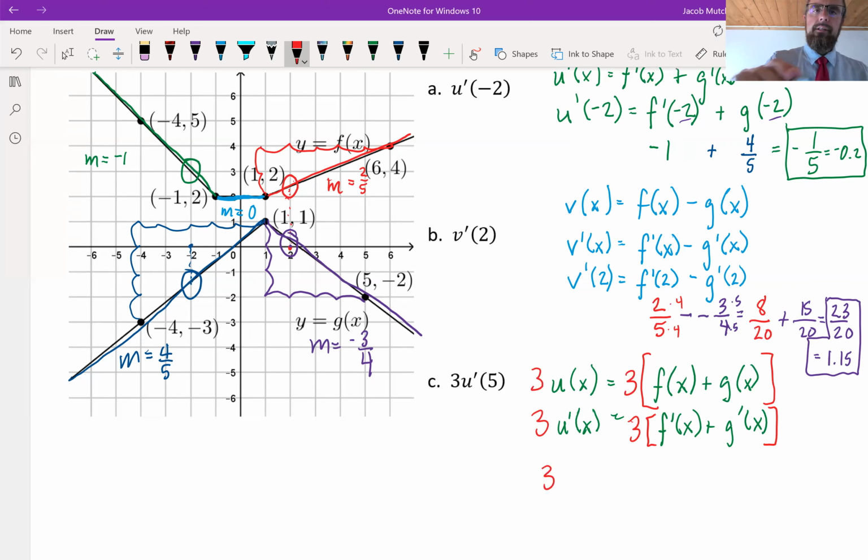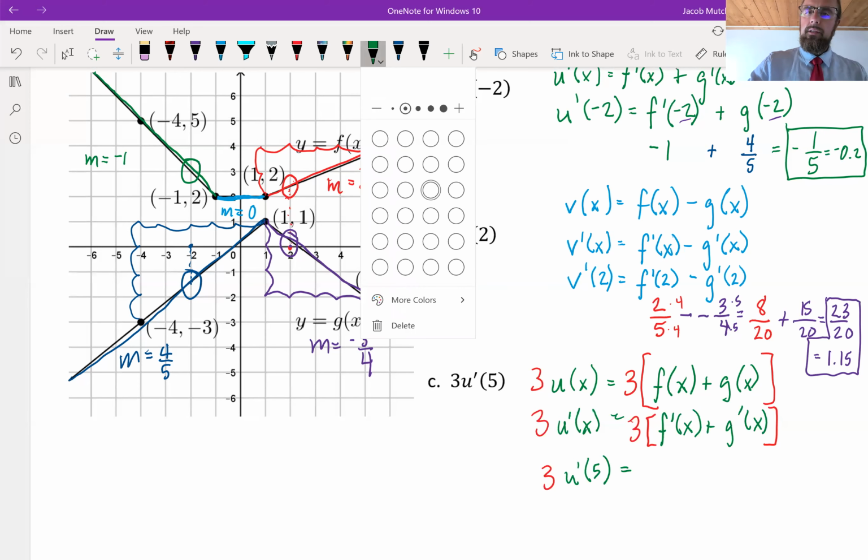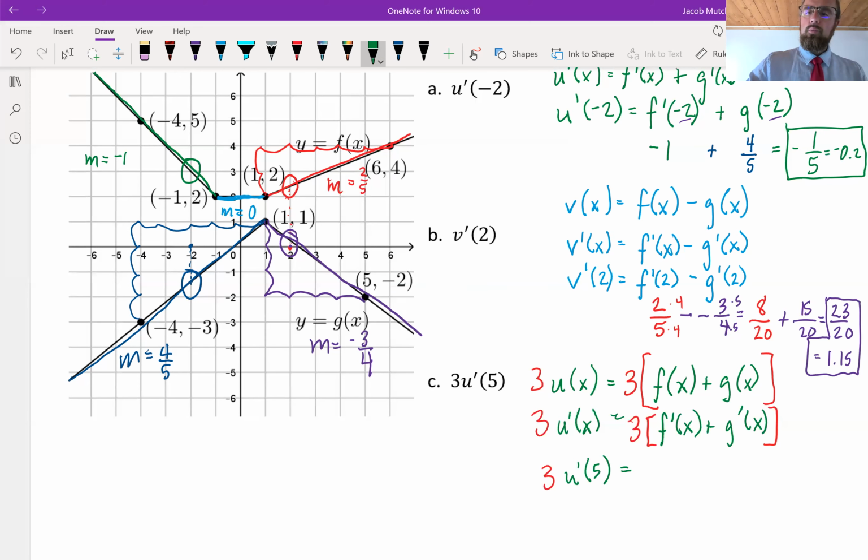I'm calculating 3 times the derivative of u at positive 5. So we're really looking at the slope of the lines where x is 5. The good news is we just used those, so we've got that recorded. We do need to actually do the sum instead of the difference, but let's catch up there. So here in the middle, the derivative of f at 5 plus the derivative of g at 5.